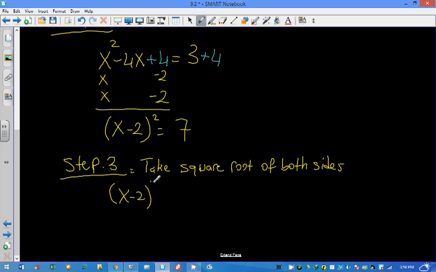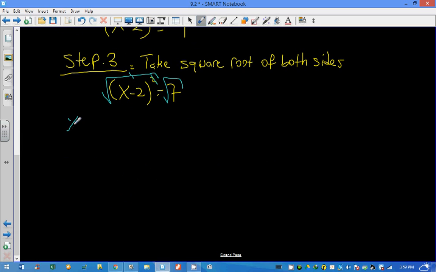(x minus 2) to the power of 2 equals 7, and the square and root should cancel each other out, and x minus 2 will be equal to root 7, and x minus 2 will be equal to minus root 7.